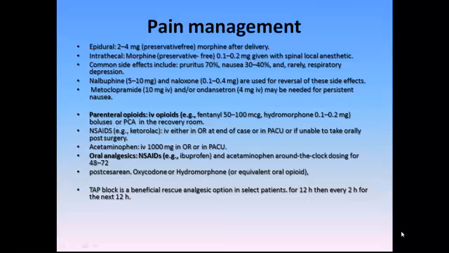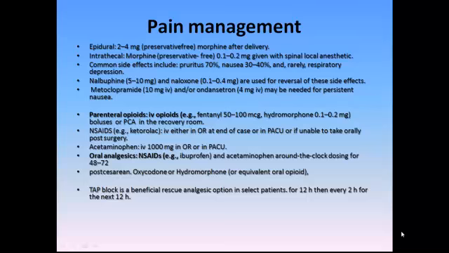Parenteral opioids, for example IV fentanyl or hydromorphone, can be given in bolus or patient-controlled analgesia in the recovery room. Non-steroidal anti-inflammatory drugs can either be given IV or by patient-controlled analgesia.